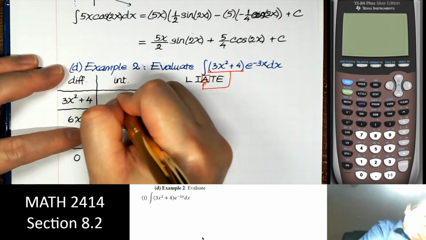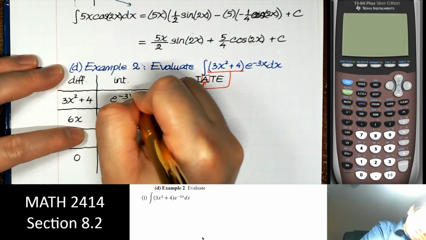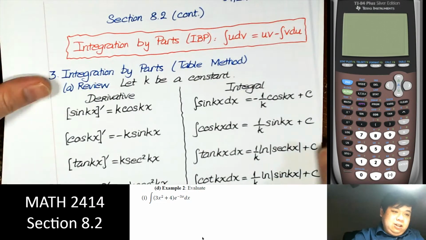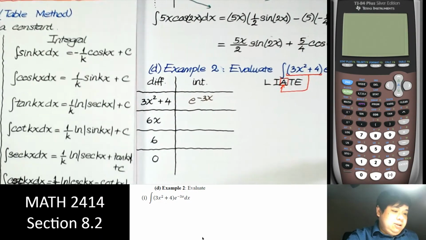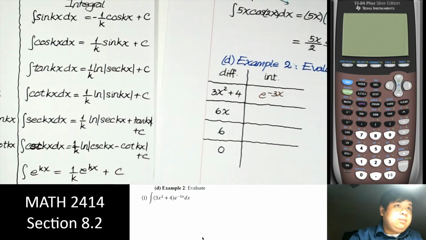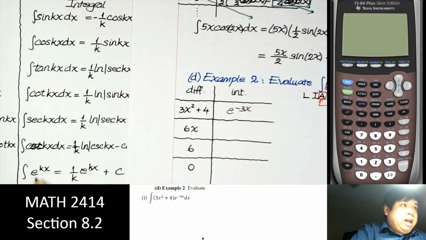So there we have e to the negative 3x. Right, so what's that integral? This is from the first page of today's note. Integral of e to the kx is 1 over k e to the kx.